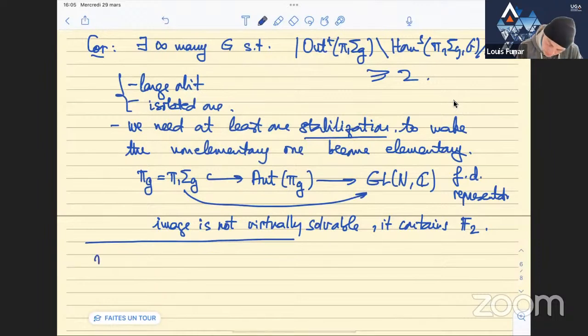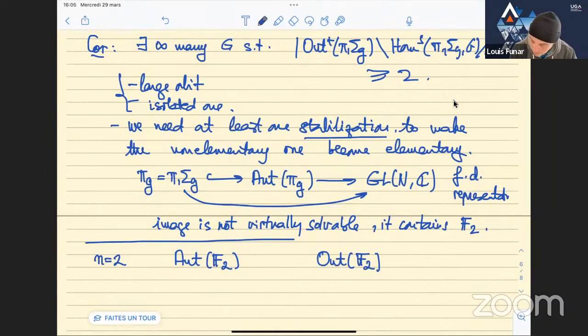The case n equals 2 is special because we can say something with our approach, and I didn't do the work until the end. What happens with the automorphism group of F2 and the outer automorphism group of F2? Well, these are quite particular.